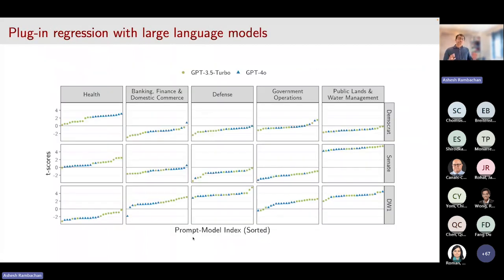And if you do that, you see that just naively plugging in large language model outputs leads to point estimates that are all over the place. For the same specification, different models and different prompts can generate wildly significant and negative estimates and significant and positive estimates.